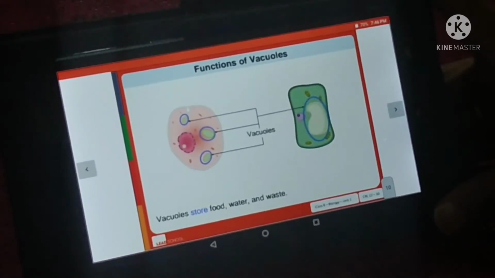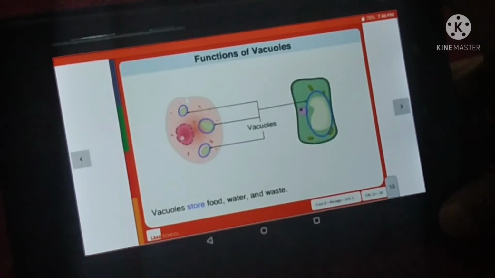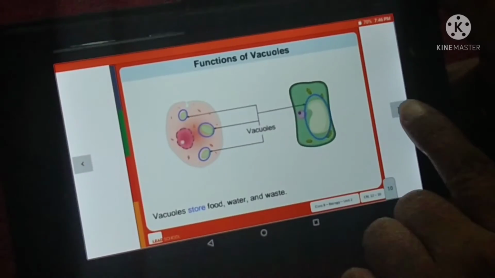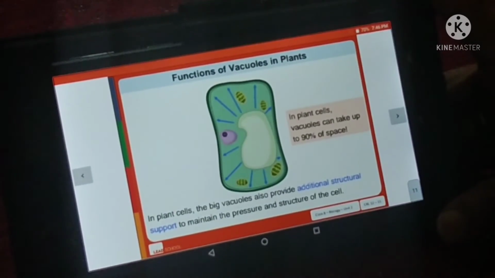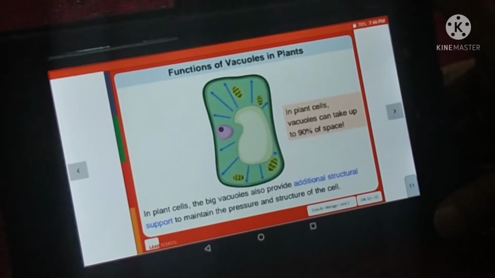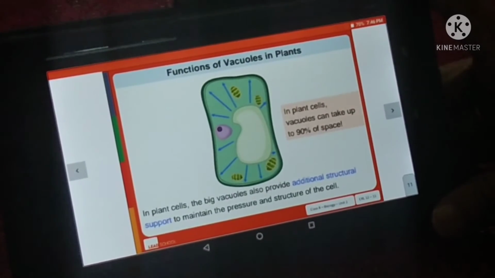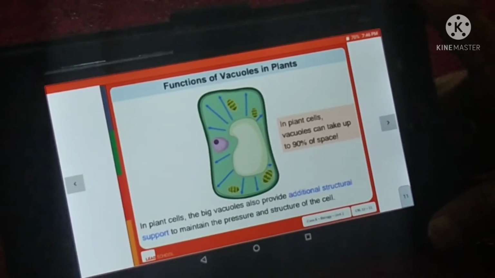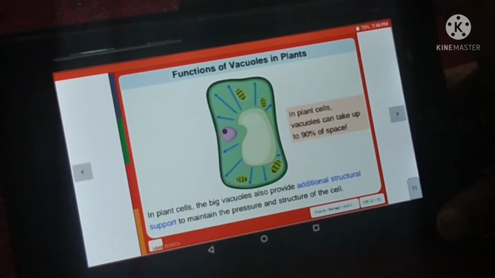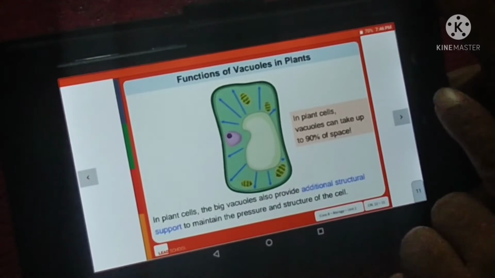Functions of vacuoles. Vacuoles store food, water, and waste. In plant cells, the big vacuoles also provide additional structural support to maintain the pressure and the structure of the cell.